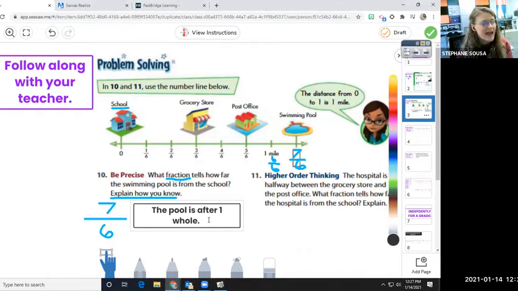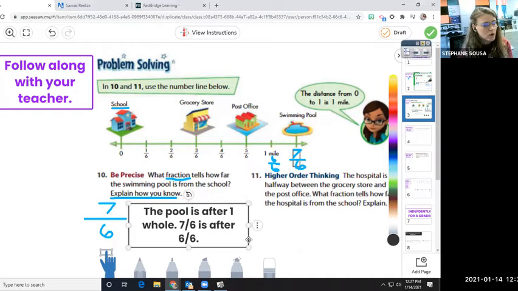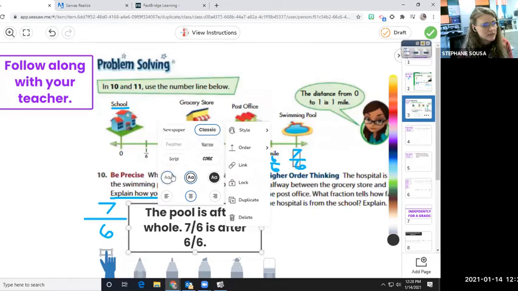The pool is after 1 hole. 7/6 is after 6/6, and that's our explanation. So the pool is after 1 hole, 7/6 is after 6/6.